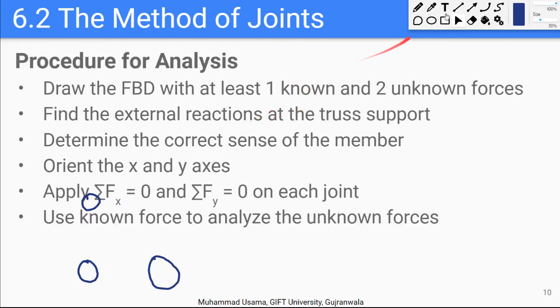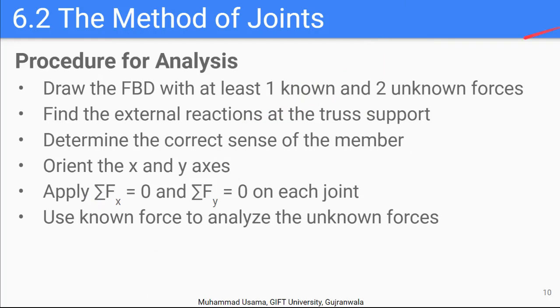Okay, so the procedure of analysis when we are doing the method of joints is that first of all we draw the free body diagram, and the free body diagram should contain one unknown and 2 known forces. Then we draw the external reactions at the truss support.